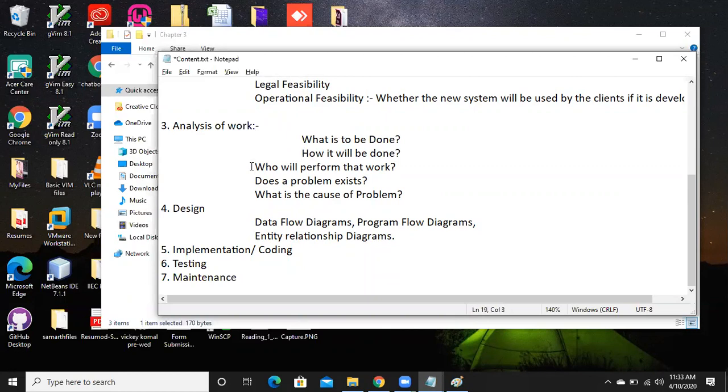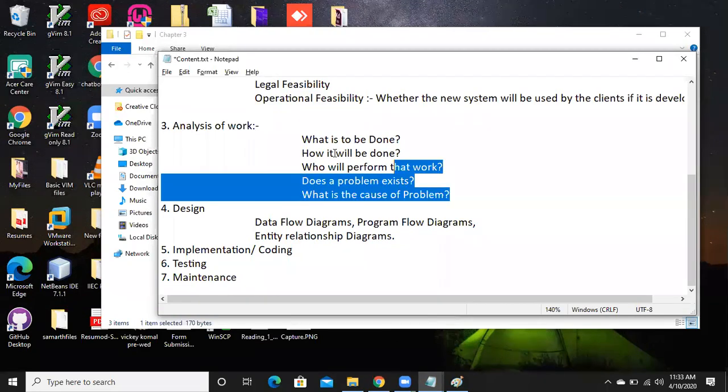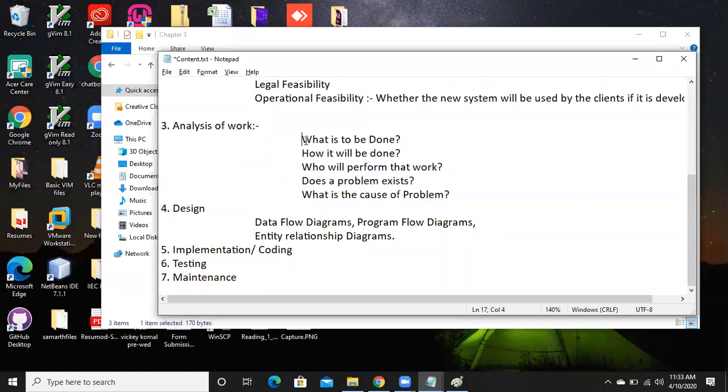These are some of the most commonly asked questions in our basic working environment, and they can be changed, right? These questions can be changed according to the system.